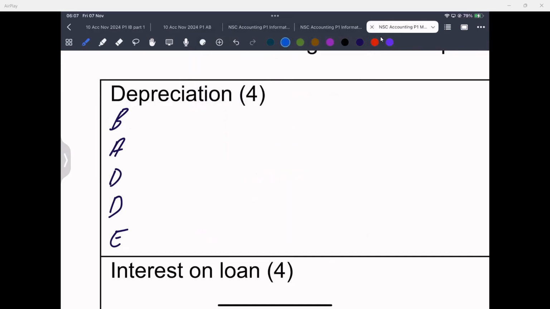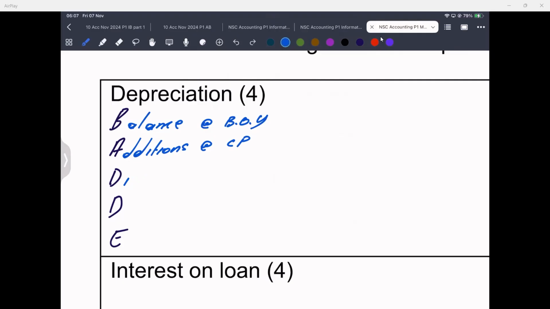It stands for balance at the beginning of the year, additions at cost, and we will have disposals at carrying value.